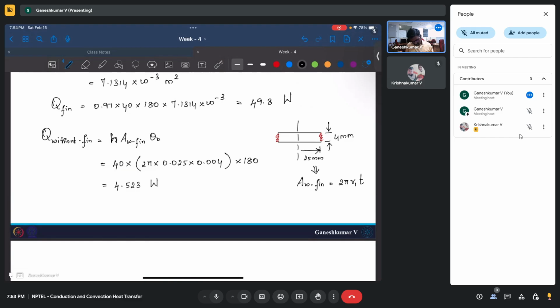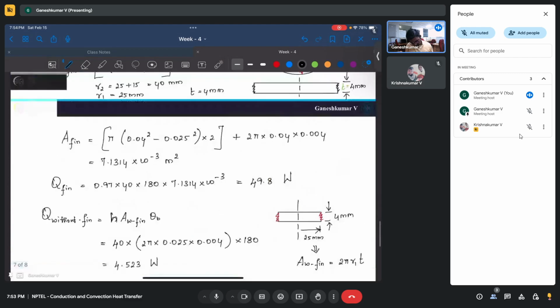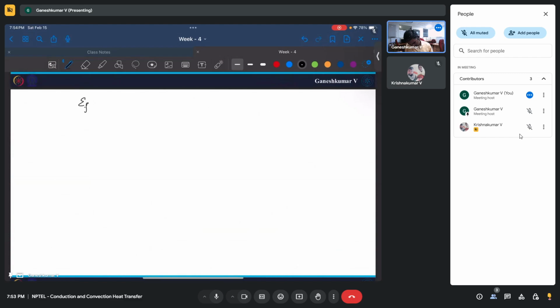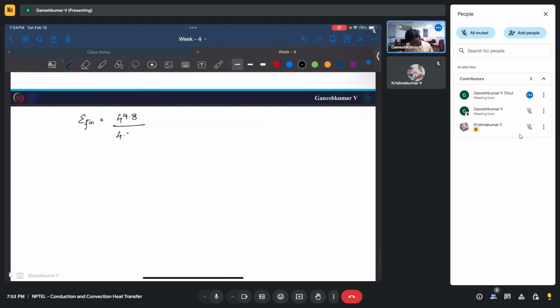Now you just divide them. The effectiveness of the fin is going to be 49.8 divided by 4.523, which is going to be 11. So the effectiveness of the fin is 11.